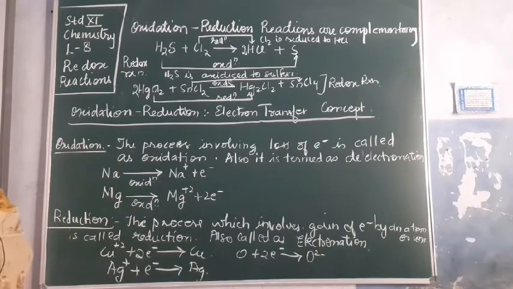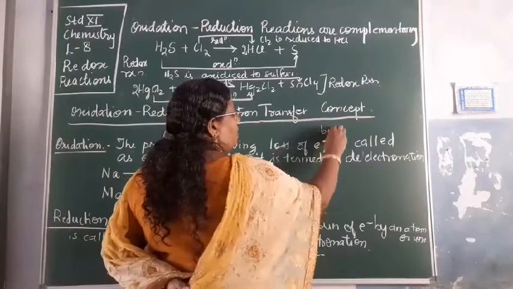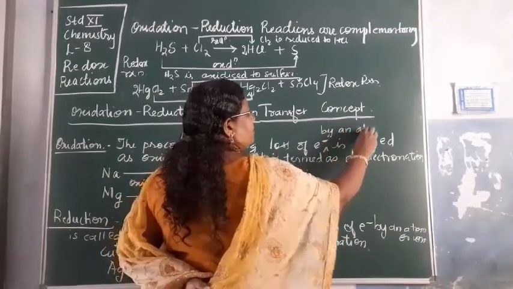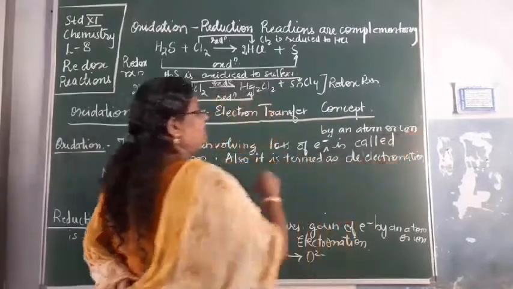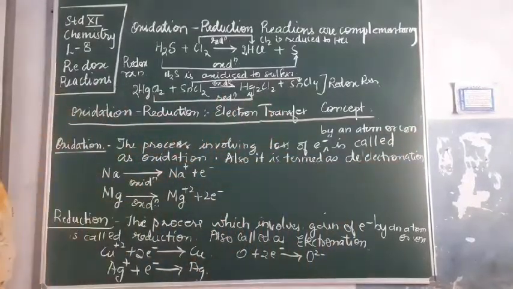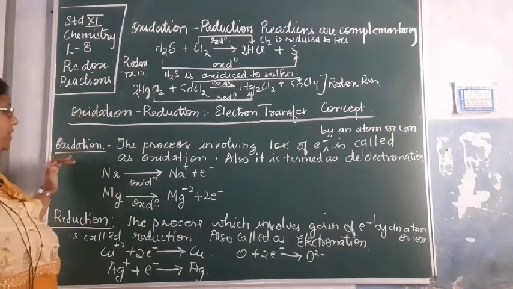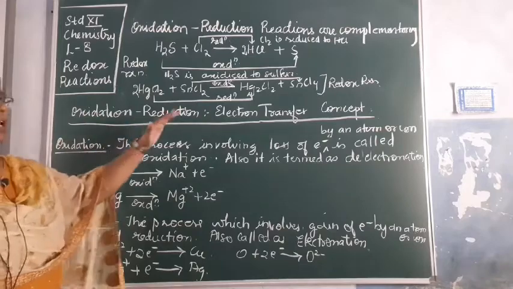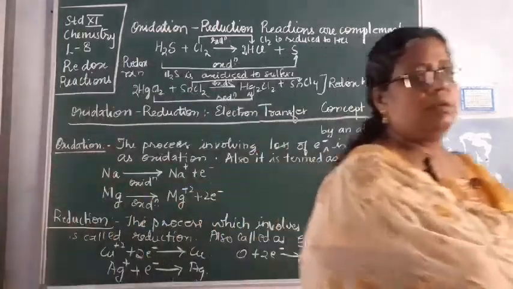Similarly, the process involving loss of electron by an atom or ion is called oxidation. Clear, everyone? So this is how you can understand oxidation and reduction in terms of electron transfer concept. Okay, so you note this down.